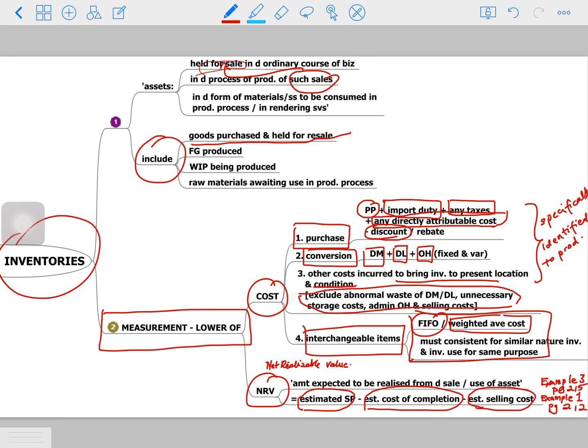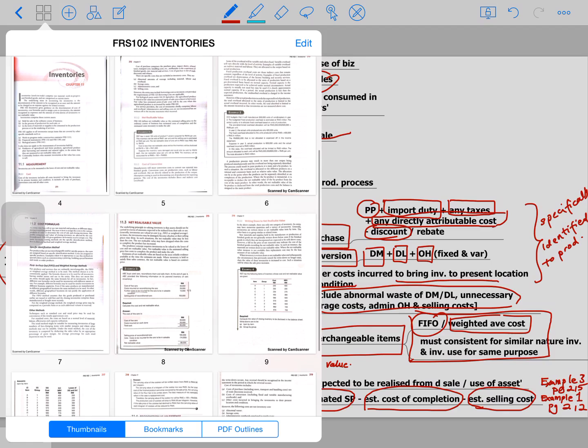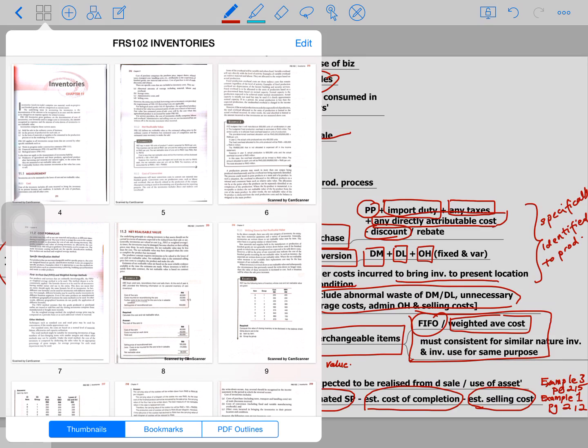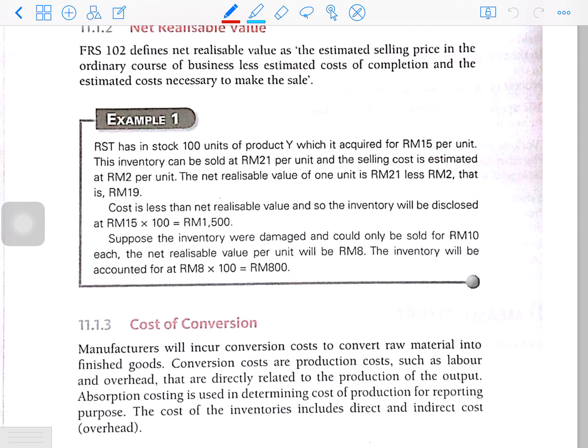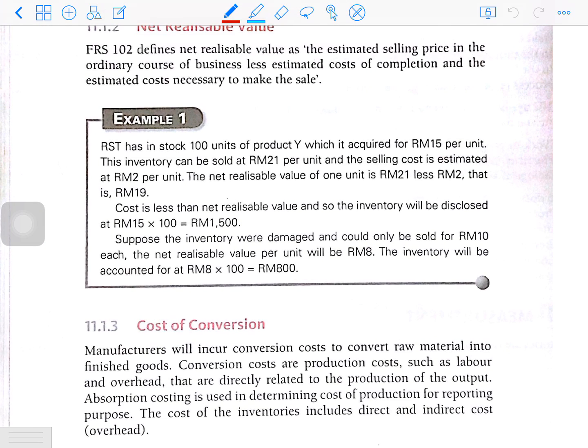So if you take a look at example number 1, which is here, okay, example number 1, this demonstrate what net realizable value means. Okay, in example number 1 here, we have SRT Berhad has in stock 100 units of product Y, which is acquired for 15 per unit.